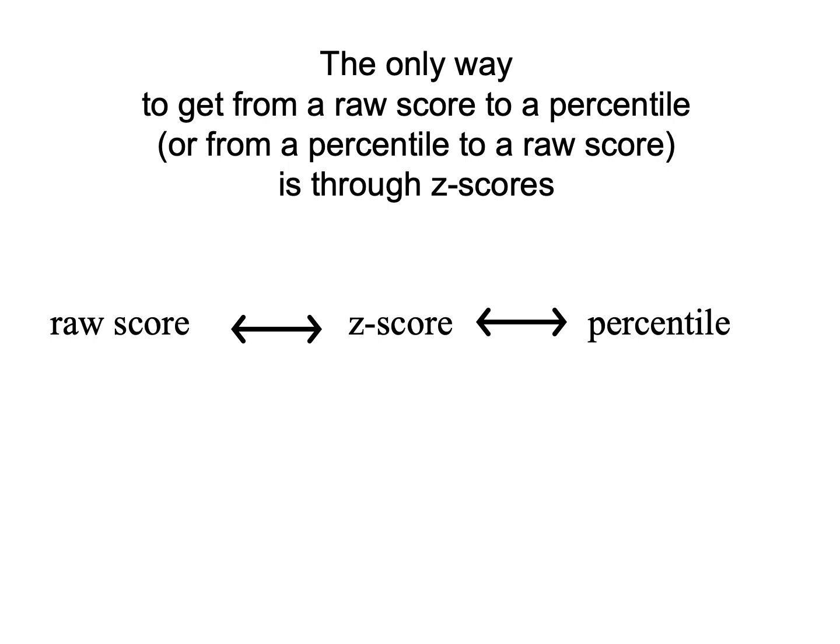Something similar is true if you want to go from a raw score to a percentile. The only way to get from a raw score to a percentile or from a percentile to a raw score is to go through the G-scores. You always use G-scores when you're converting a raw score to a percentile or vice versa.